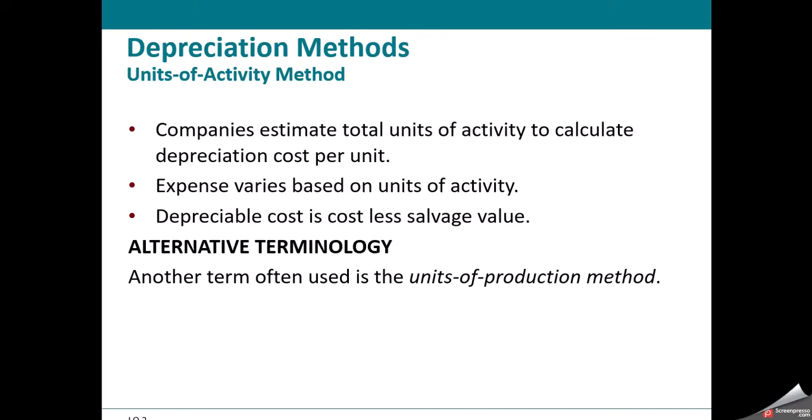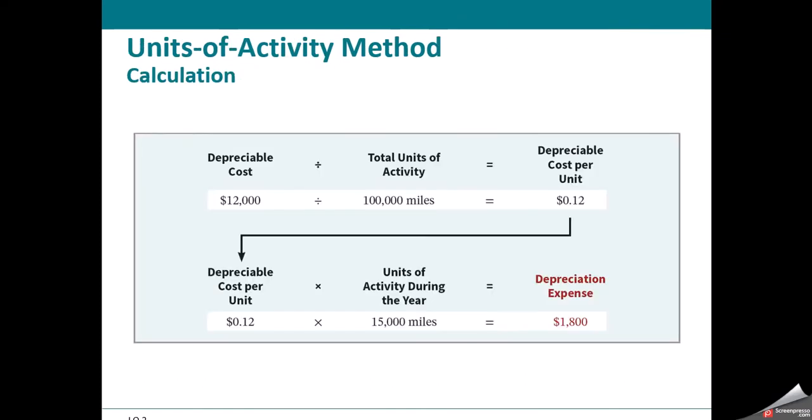Then our next method is our units of activity. So in this particular one, it's a truck and it was in miles. So those are our units of activity, or miles. And then we're going to look at it based on how many miles it uses up a year. So the first step is to figure out our rate per unit of activity.